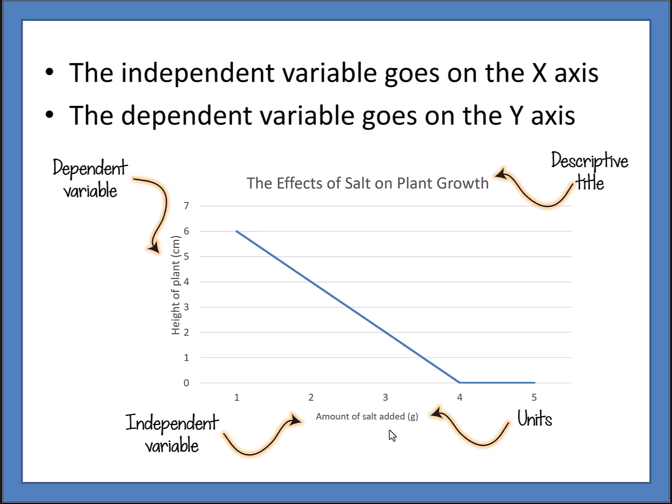That's what we're physically changing. On the x-axis, we need units for both of those, centimeters here, grams here, and then a descriptive title. So those are all of the pieces of a good graph. And as you can see, this is easier to read than it would be if we just left it in a table.